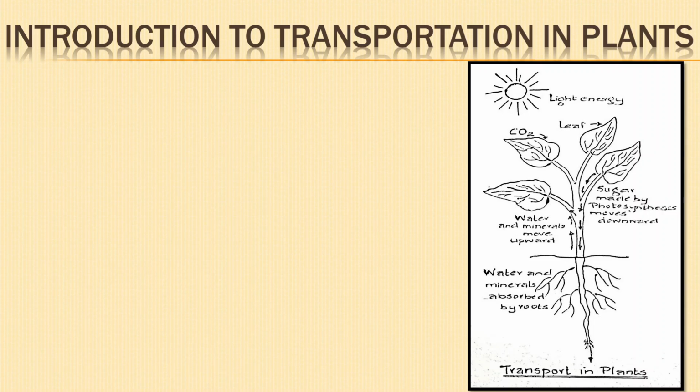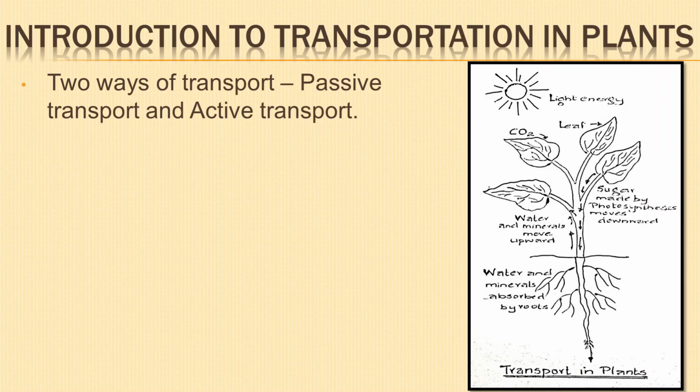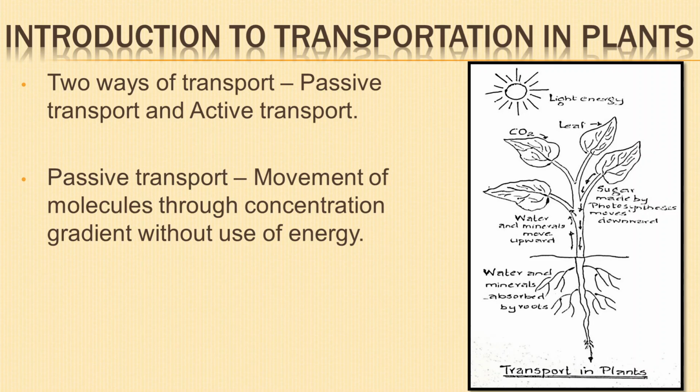For transporting molecules through the cell membrane, there are two ways: passive transport and active transport. Passive transport is the transport of molecules within and across the cell membrane through a concentration gradient without the use of energy.